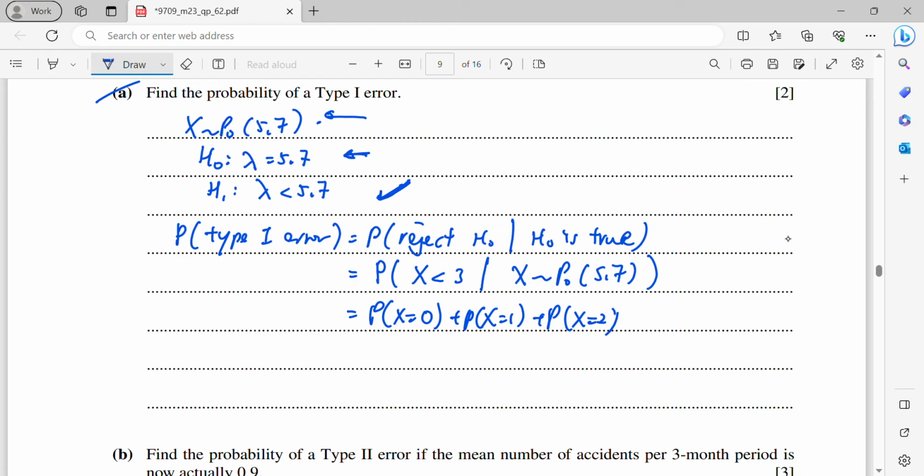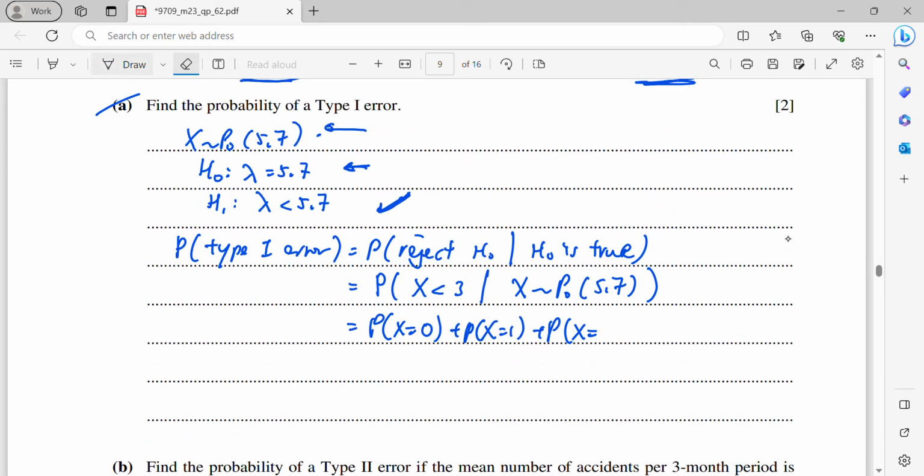Again this is the Poisson distribution. The formula, already shown in the previous question, is P(X=x) equals e to the minus lambda times lambda to the power x over x factorial. That is the formula to calculate the probability of the Poisson distribution.